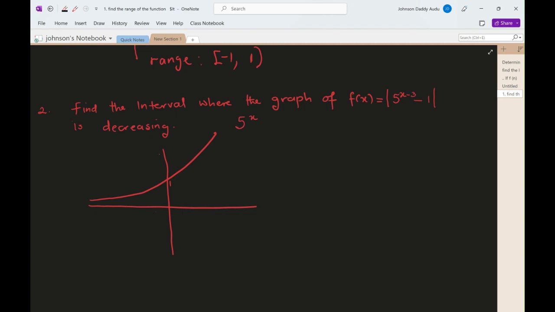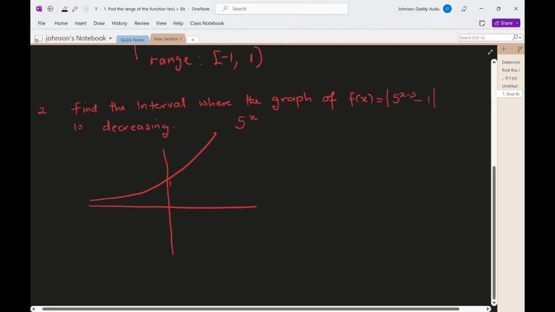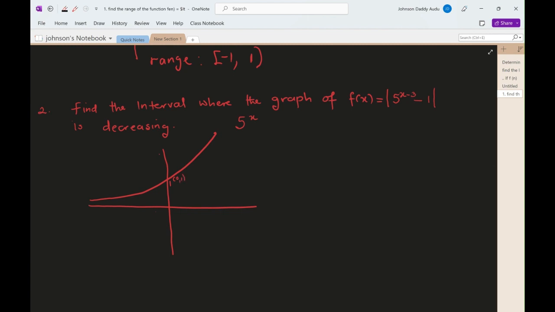Yes, so what else? We shift it a little bit to the right by 3 units. So if this is 0, 1, we will be somewhere here, which is going to be at 3. So we will have it cut this way.